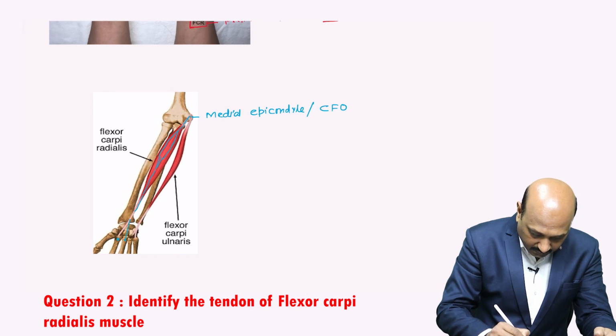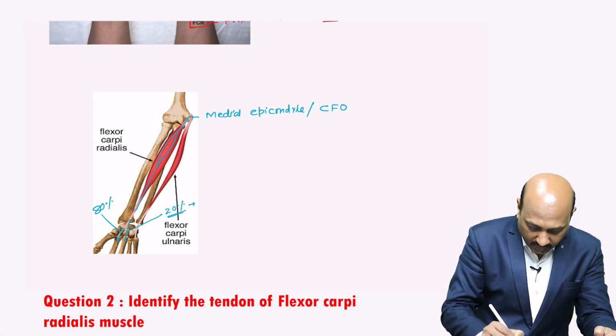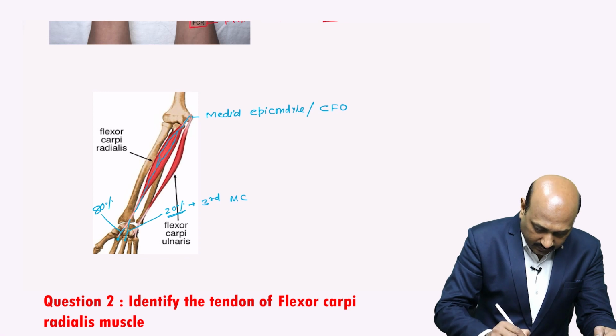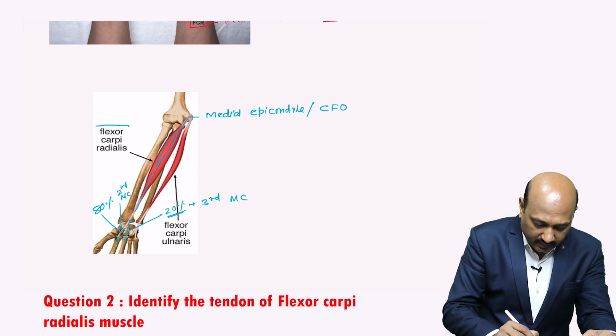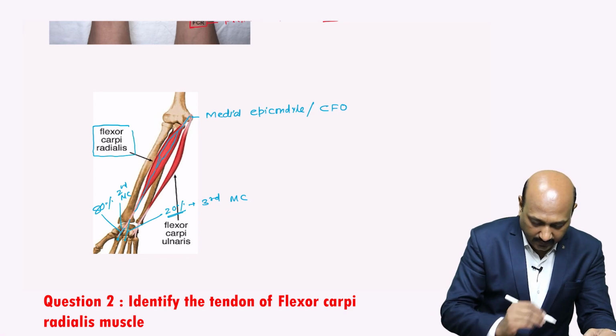Approximately 80% of fibers insert at the second, and approximately 20% insert into the third metacarpal. This is the second metacarpal. So this muscle is the flexor carpi radialis muscle.